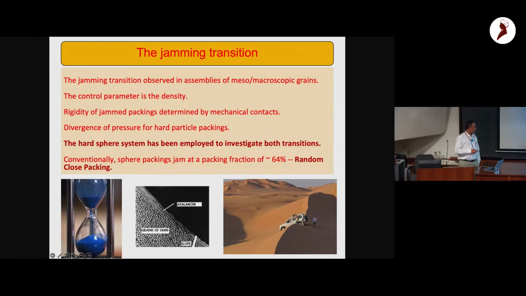Okay. Now the hard sphere system has been employed to investigate both of these transitions as an idealized model system. For sphere packings, conventionally, one says that sphere packings jam at a packing fraction of about 64%, and this is called random close packing. There's a long history of people thinking that this is somehow a very unique and well-defined density, and people have pondered the question of where this number comes from.